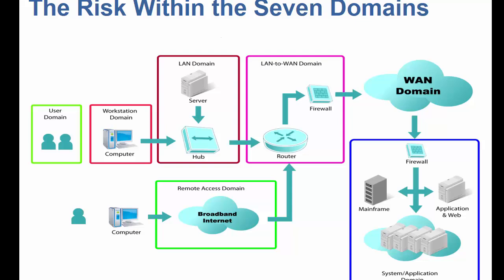So the LAN-to-WAN domain basically marks the boundary where the private network meets the public network. And in this context, the public network is the internet. So many different types of attacks come from the internet. The primary protection here is the use of one or more firewalls.